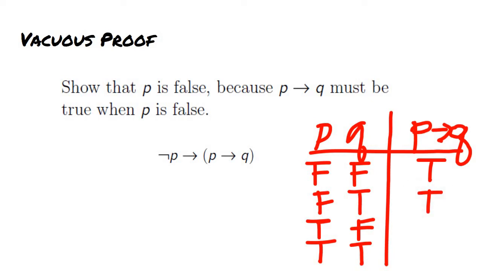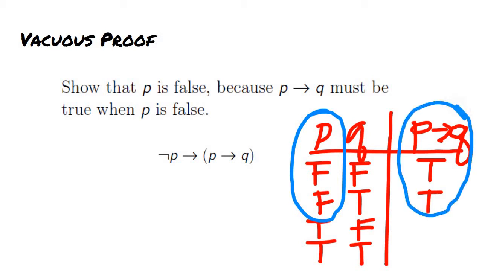So as we can see clearly, when the P, or the antecedent, the hypothesis, is false, then your implication is automatically true. Hence the negation of P directly implies the truth of your implication. So that's the vacuous proof.